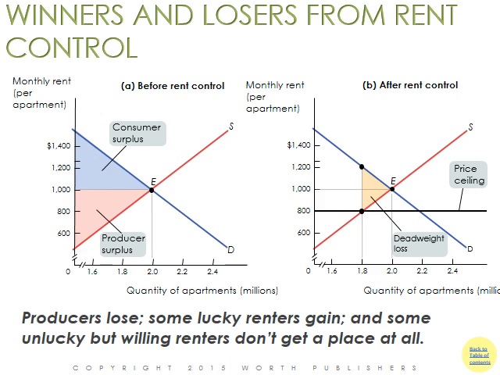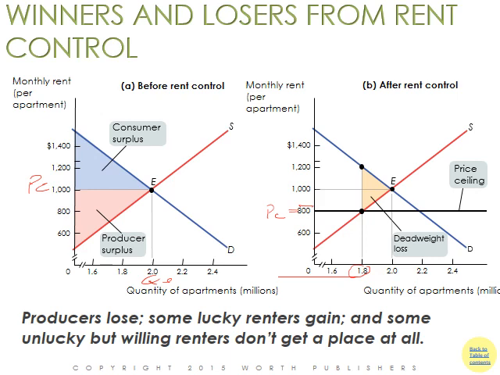Now, here we show that at the equilibrium price and equilibrium quantity, this consumer surplus plus producer surplus would be maximized. And when we put the price ceiling in effect at $800, it decreases the quantity of apartments that are rented.